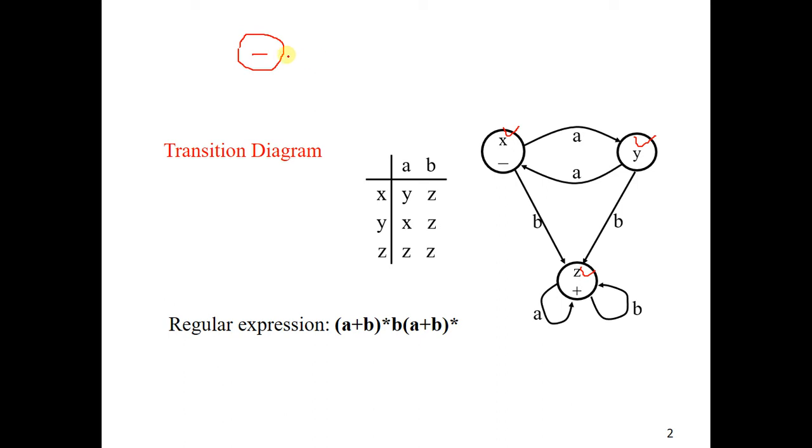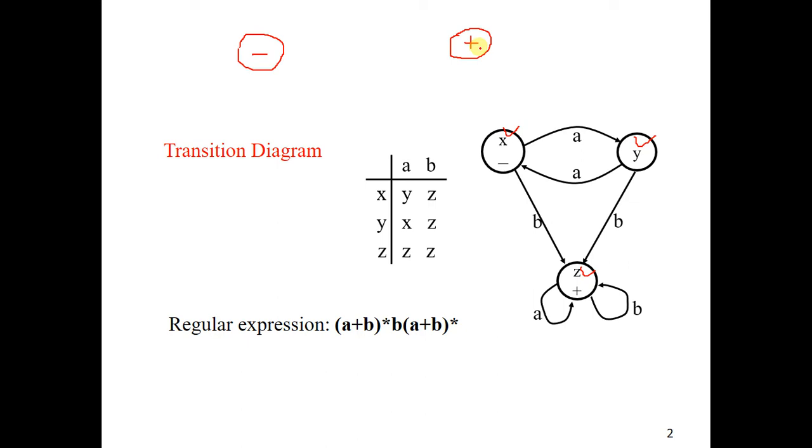This state means you will always start from here, and there may be some accepting states, and an accepting state is a plus sign. Whenever you read a string, if the string ends at the accepting state, then you know that string is accepted. You can say that the accepted string is a word of that particular language. But if you do not end at the accepting state, it means that string is not accepted.